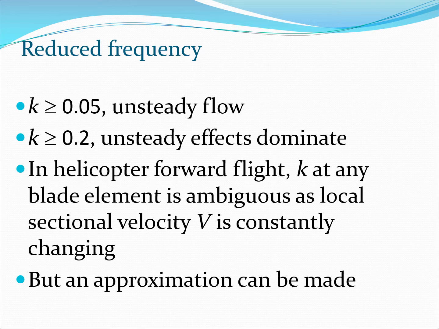Furthermore, as you go around the rotor disc, V is a function of psi, so that also means that at different points at r and psi along the rotor disk, the sectional velocity is going to be different. So essentially the reduced frequency is going to be different at all parts of the rotor disk, but we make certain approximations to get a value of reduced frequency which we can use to classify some of the modes.